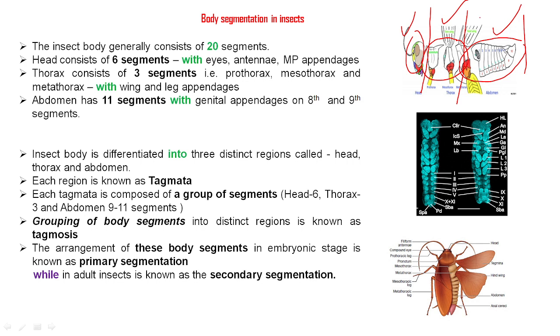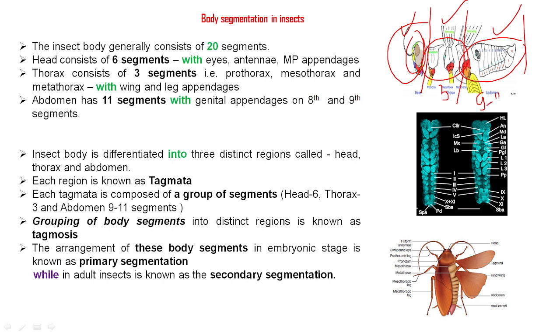Each tagmata is composed of a group of segments, that is 6 segments in the head, 3 segments in the thorax, and 9 to 11 segments in the abdomen.